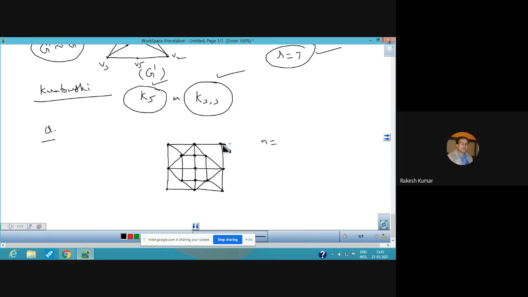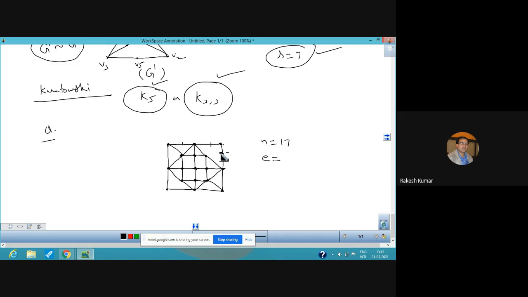This is 16 and this is 17. This is also a vertex. 17 vertices are there, and let us count the number of edges now.